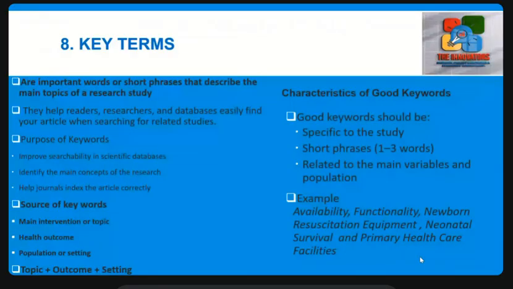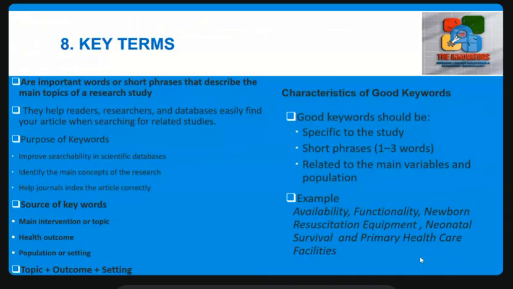Also, another purpose of the keywords is that they help to improve the visibility of your publication in the scientific databases, as I said earlier, like PubMed, Inlari, Google Scholar, Crossref, and other citation databases. It identifies the main concept of the research.